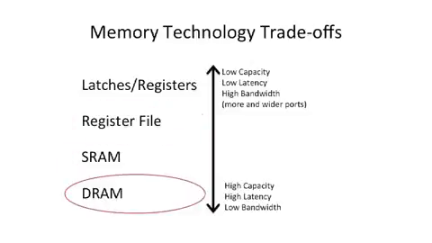As we get to bigger and bigger memories, we get a lot more capacity, but it takes longer to access them, kind of by definition, and typically we have less bandwidth. But if we have small things, we have low capacity, low latency, and very high bandwidth. So it's a trade-off of capacity versus the other positive aspects. And depending on where you put it in your memory system, you might want to trade these off differently.